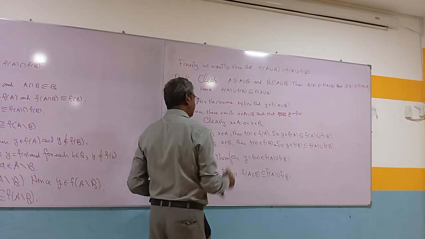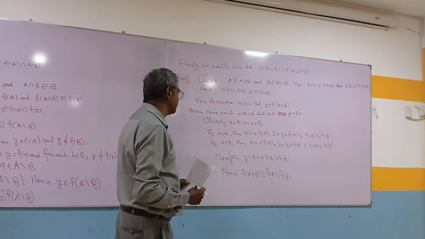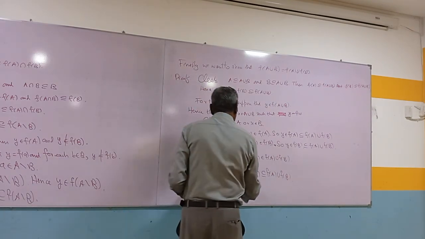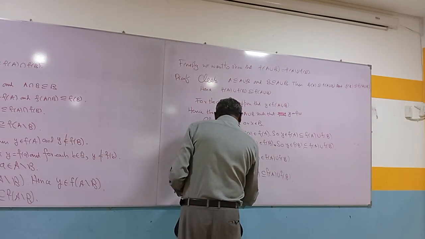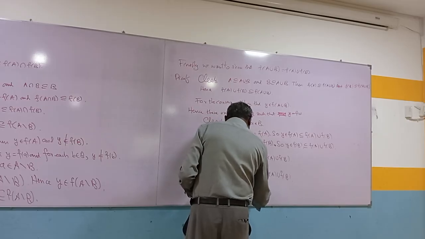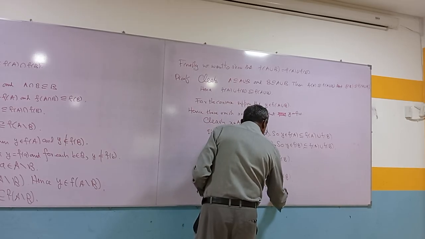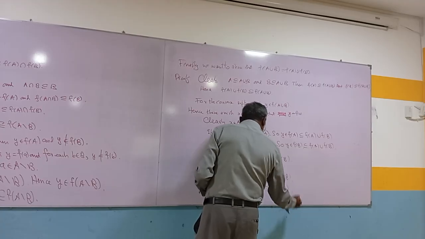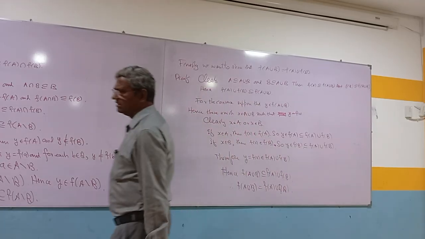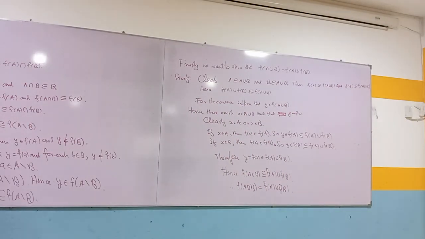We have first shown that f(A) union f(B) is a subset of f(A union B) and the other one. So therefore, f(A union B) is equal to f(A) union f(B). That is the proof. So these are actually very elementary, but the problem is that we haven't spent time with elementary things in this class.